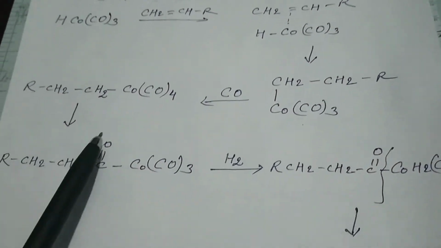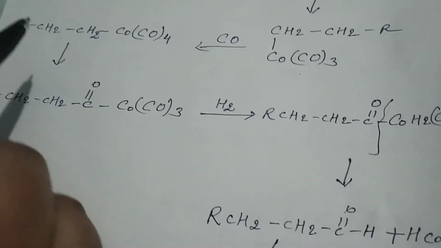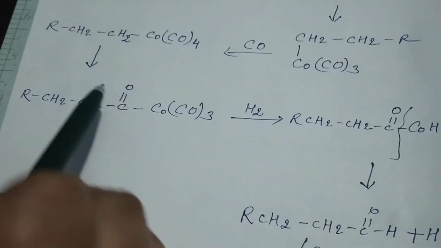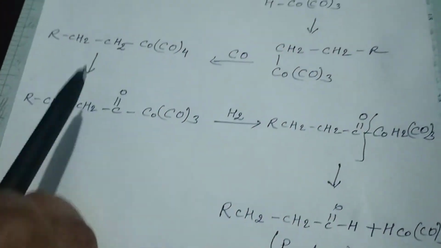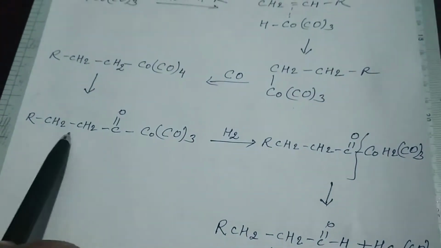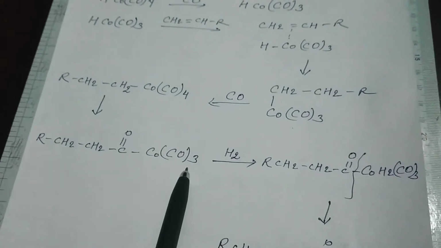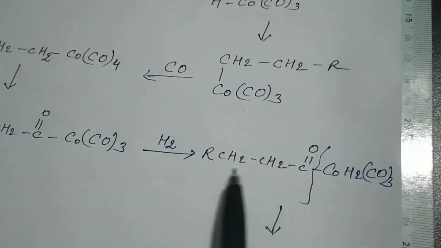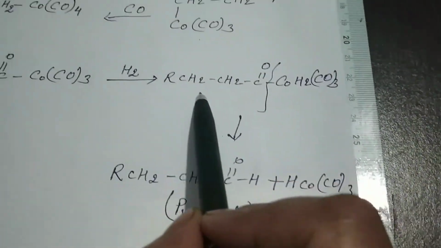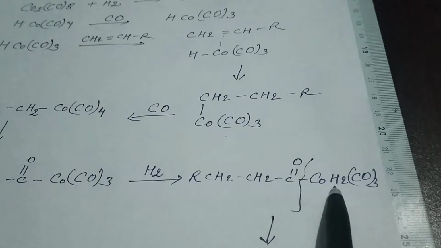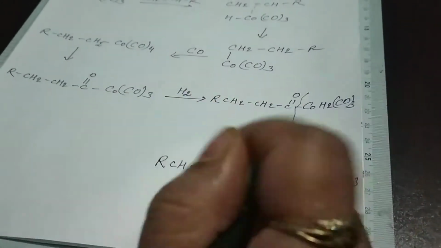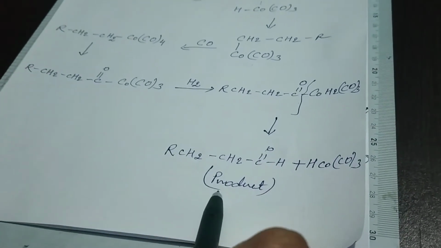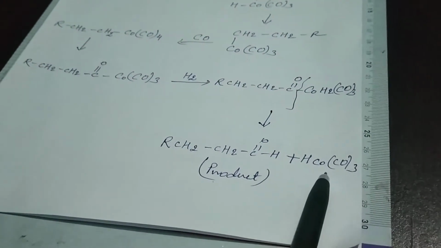Now there will be the insertion reaction between this alkyl group and this CO, so one CO molecule is inserted between the cobalt and the alkyl group. Now it again becomes 3. It combines with hydrogen, forming this acyl derivative of cobalt. It again undergoes a reductive elimination reaction, forming this product, and this catalyst is regenerated.